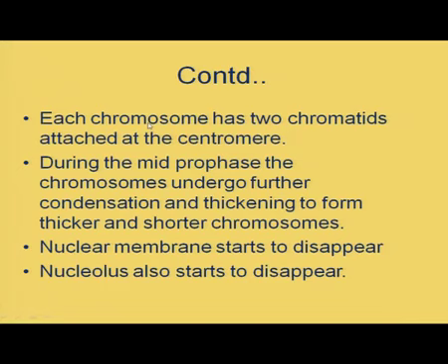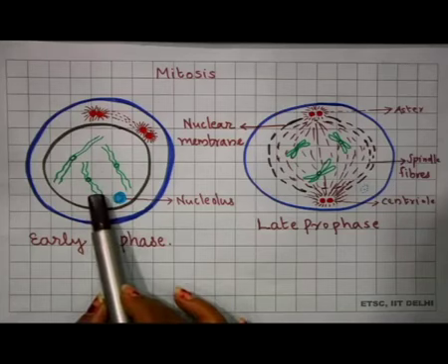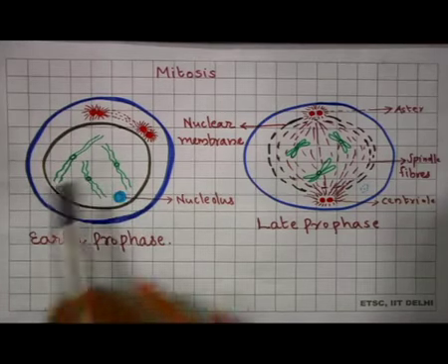Now, each chromosome, when we are observing, we can see that it has two chromatids. I will show you the diagram here also. Here you can see the chromosomes.